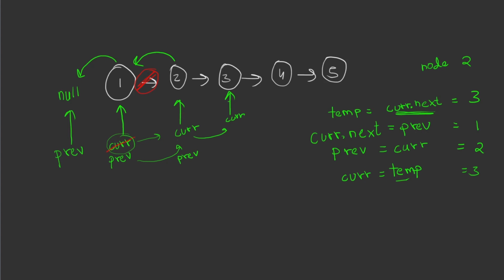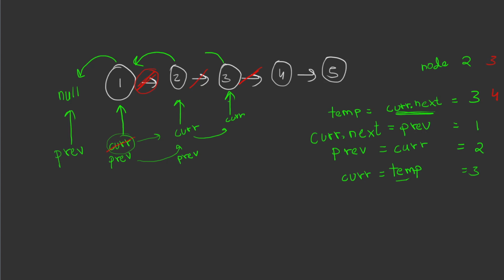And then we can run through this one more time too. I'll use a different color. So for node 3, for example, our temp is equal to current.next, so this is equal to 4. We know that 3.next, or current.next, is still pointing to 4, so we can store that into temporary. And then current.next gets destroyed, so current.next is equal to previous.